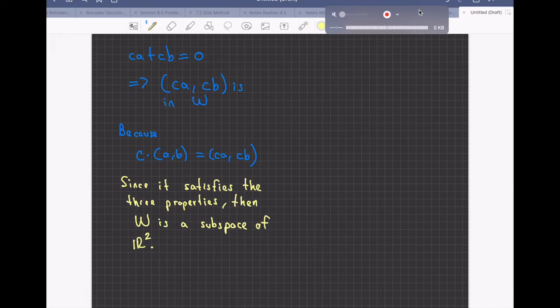Now, one example of something that is not a subspace.